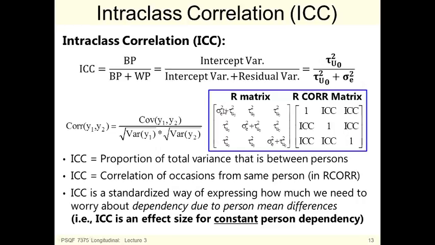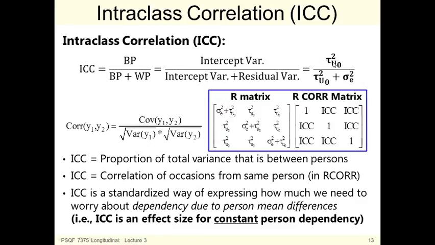If I take this entire variance covariance matrix, known as sigma in SEM terms, and convert it to a correlation matrix, the correlations you get are the ICC. This model assumes the same correlation across all occasions, no matter how far apart they are.